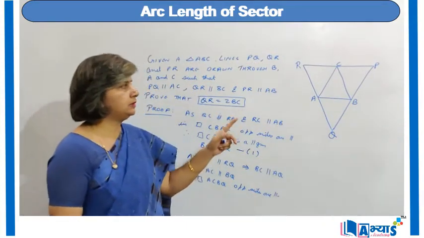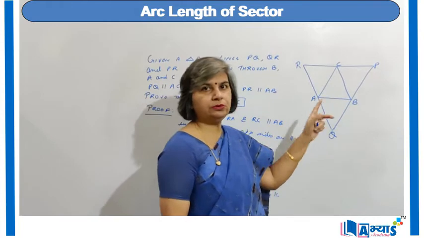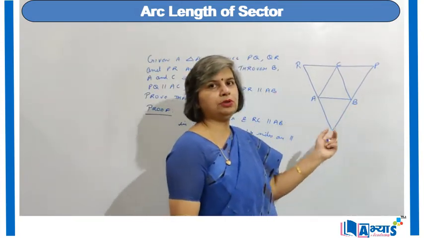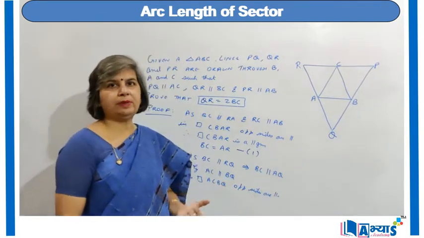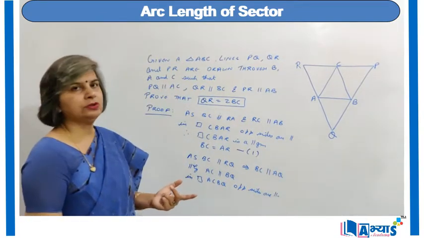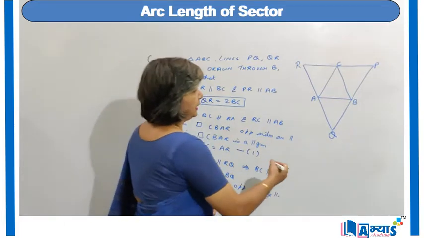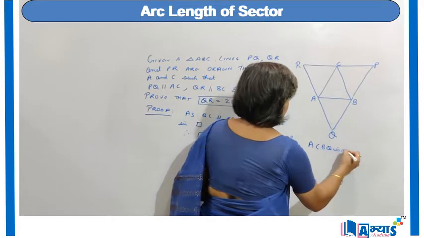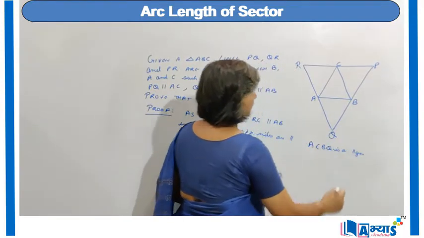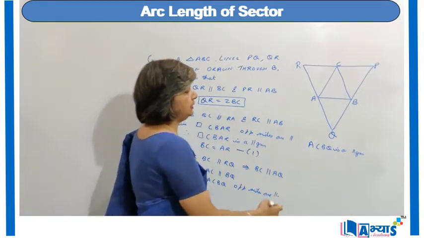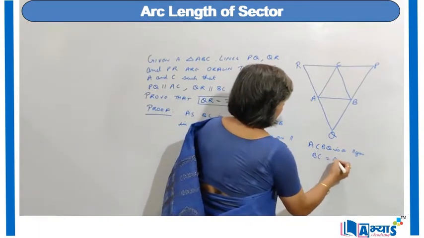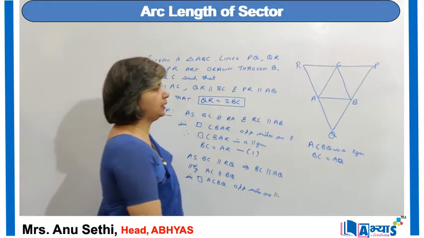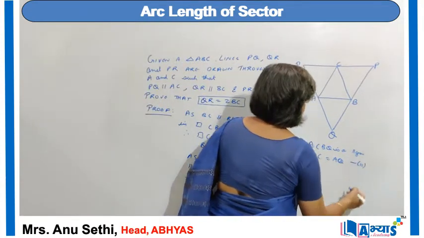That means as AQ is parallel to BC, so one pair of opposite sides is parallel, and AC is parallel to BQ, so the other pair is also parallel, as both the pairs are parallel to each other. So we can say that ACBQ is a parallelogram. Now when ACBQ is a parallelogram, BC will be equal to AQ, because opposite sides of a parallelogram are equal. Let us mark it as equation 2.